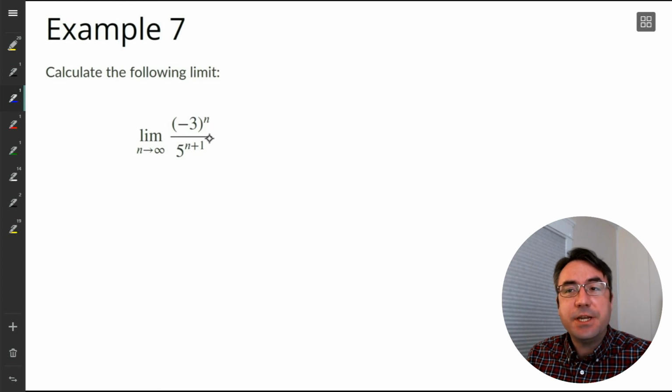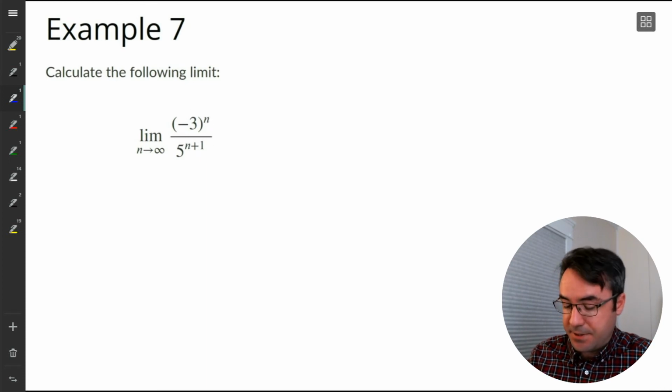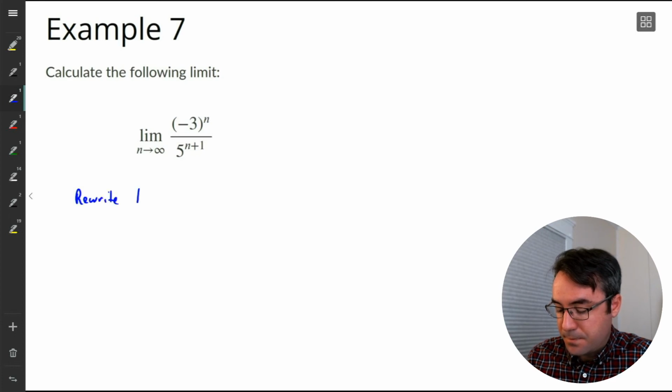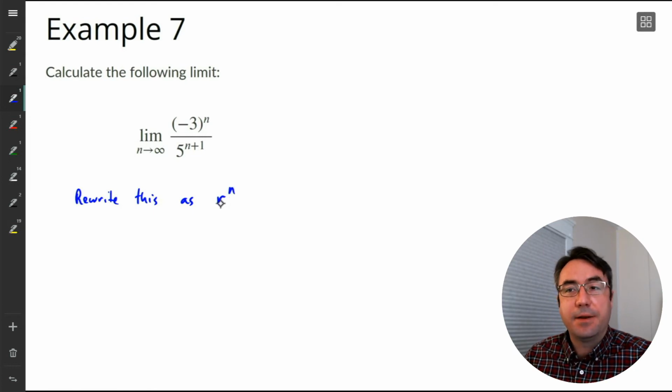So our strategy is to try and rewrite this as one single number raised to the power n. Right now we have two different values being raised to the power n. We want to in some way combine them and rewrite this as one single number raised to the power n.